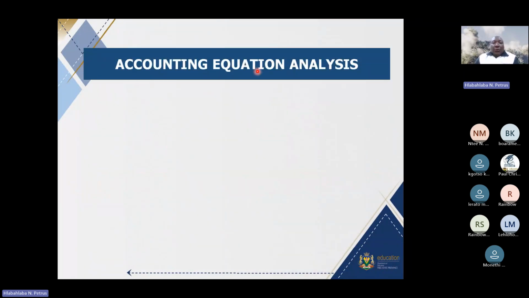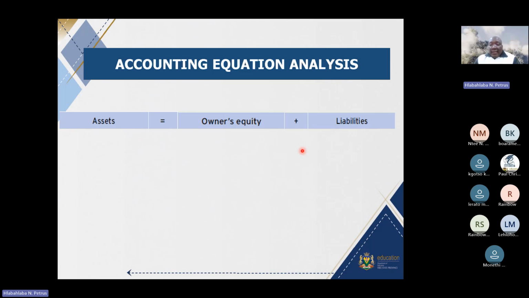Now, we are going to do this accounting equation analysis, where we talk about the effects of the transaction on the accounting equation. When we recap, we have assets is equal to owner's equity plus liabilities.